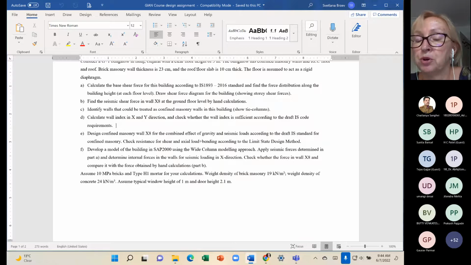But what is important, instead of choosing thicker walls, you can change the assumed properties of bricks and mortar. You can choose the required properties so that this meets your requirement, because in choosing the required wall index according to the code, you will have to assume brick and mortar already.